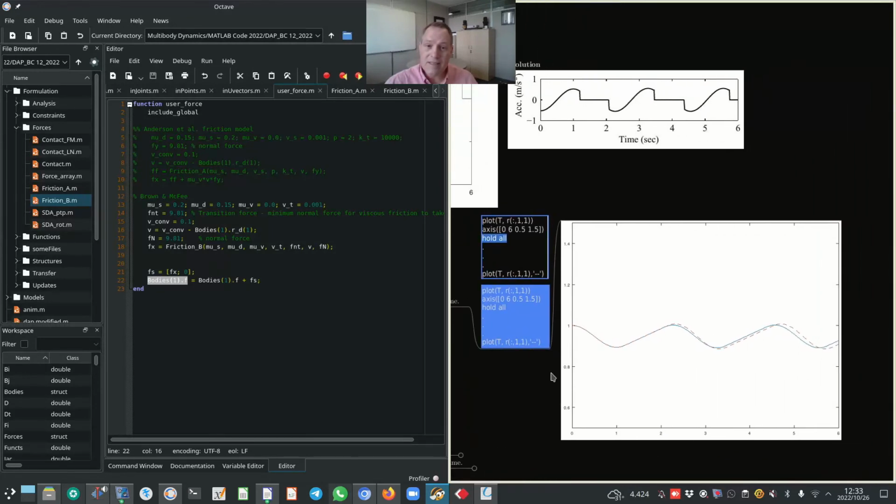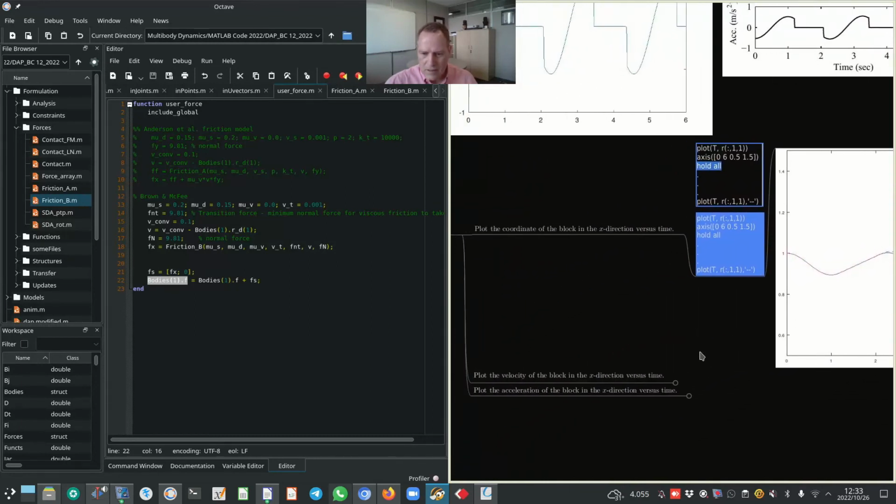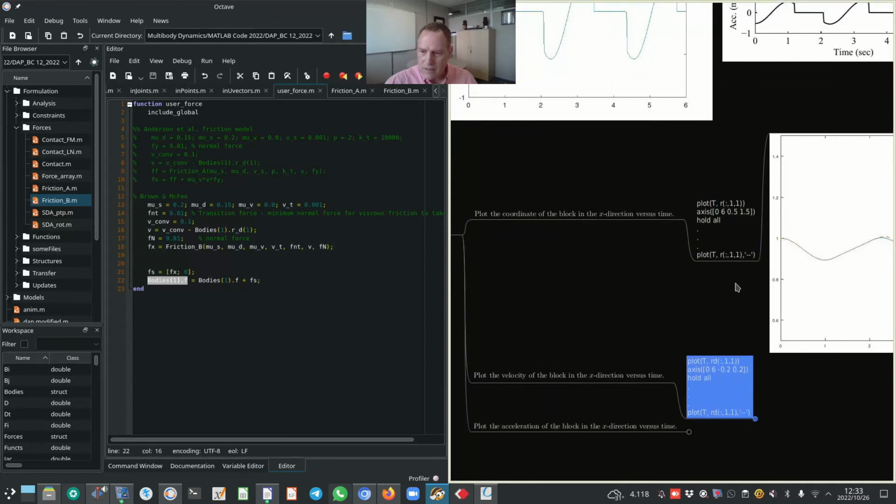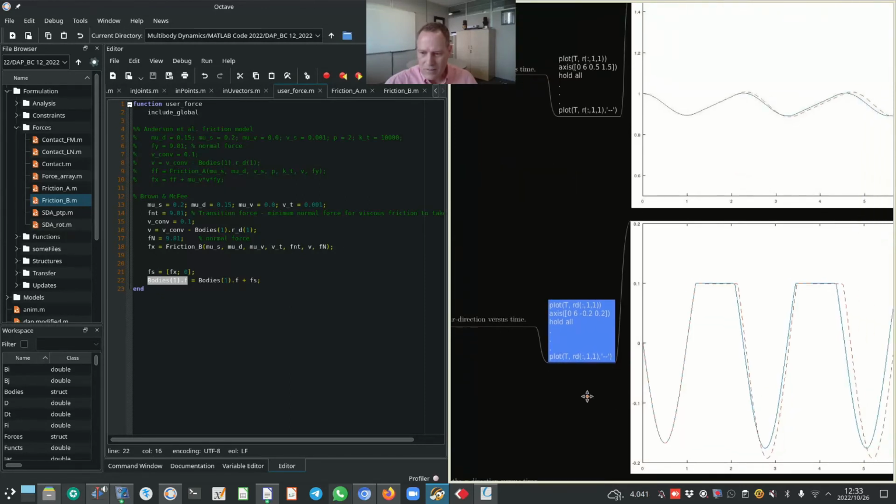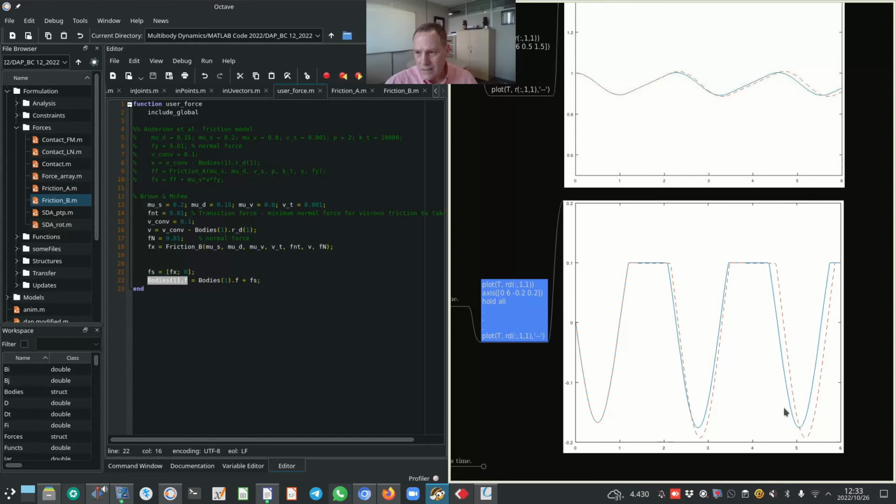They are not exactly the same. Okay, so very interesting development. The same goes for the velocity. Very similar commands entered, and this is what the comparison looks like. What is clear from the velocity plots is that the amplitude of the velocity of the block actually increases for the subsequent cycles.